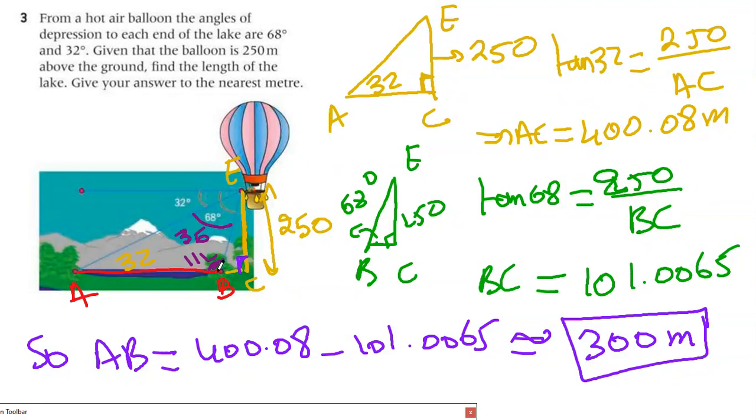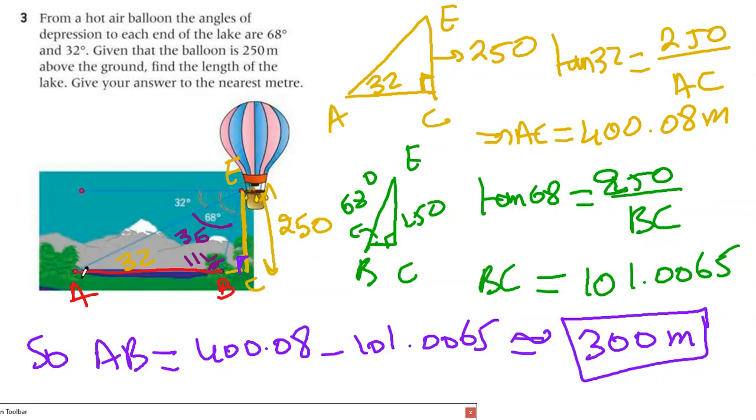So first of all, I have the right triangle AEC. And in this right triangle, I can use tangent, opposite over adjacent. I have EC, so I can find AC, all of it. But what I really need to find is the small length here, so this will help me. When I subtract AC minus BC, I will have the length of the lake.